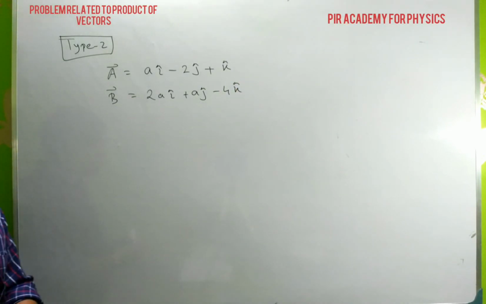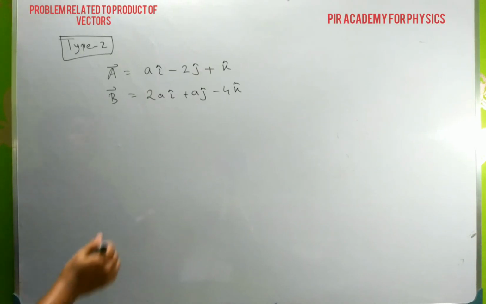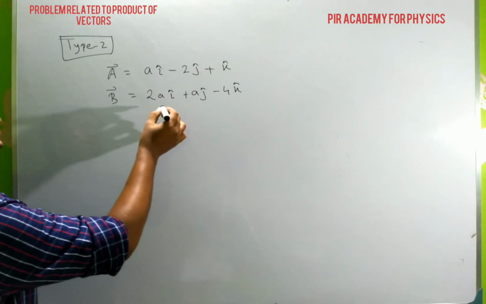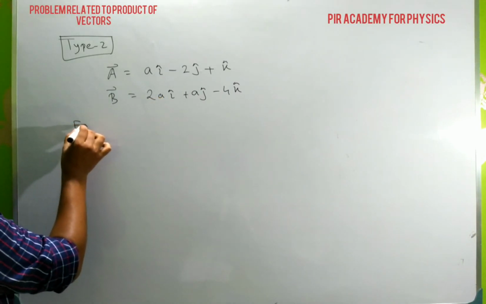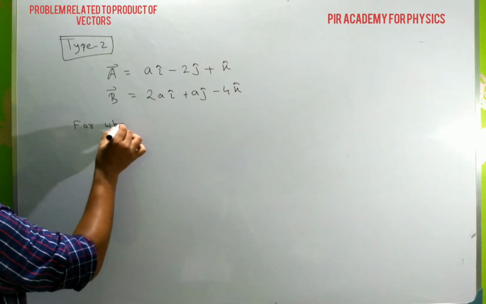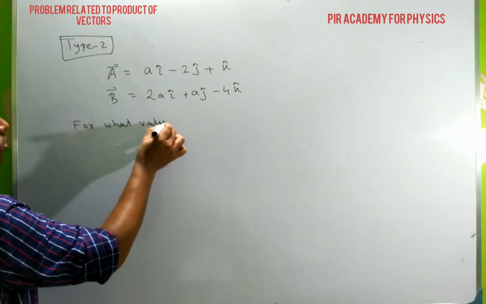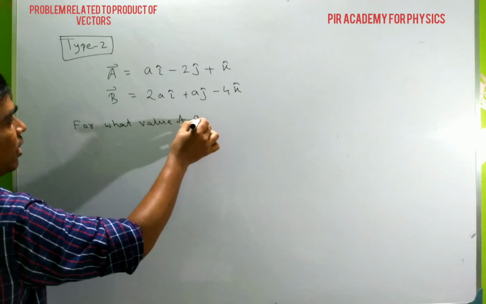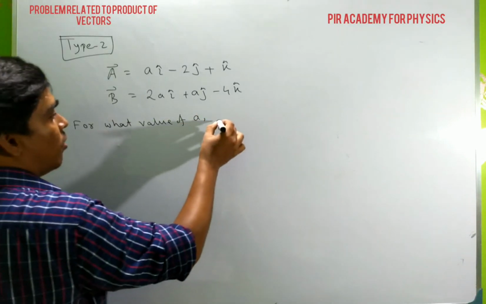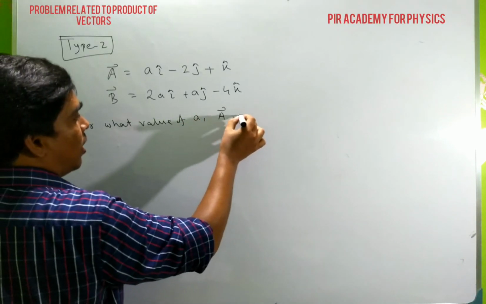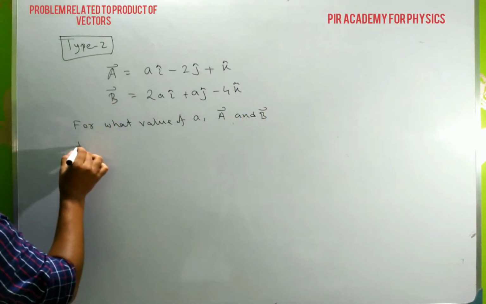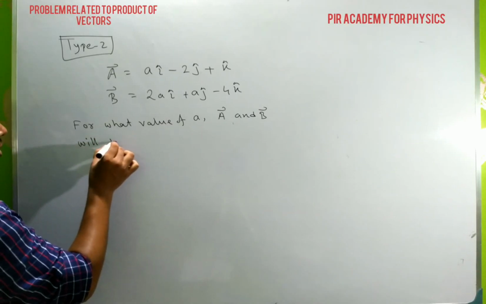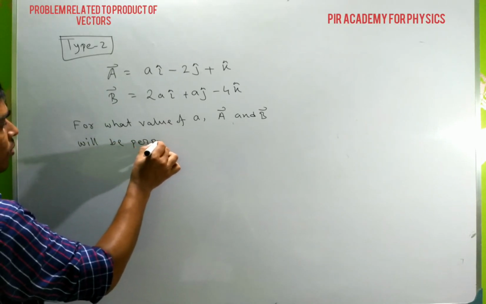These are the two vectors. For what value of a will vectors A and B be perpendicular to each other?